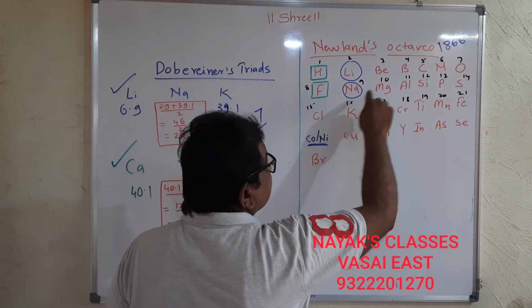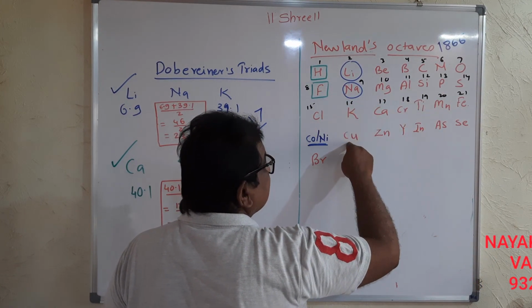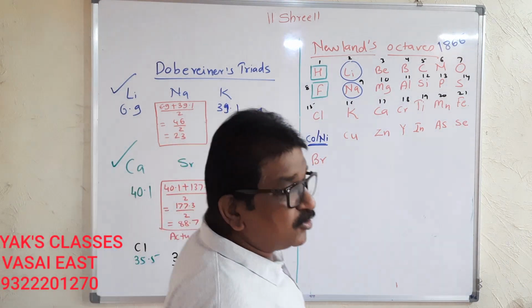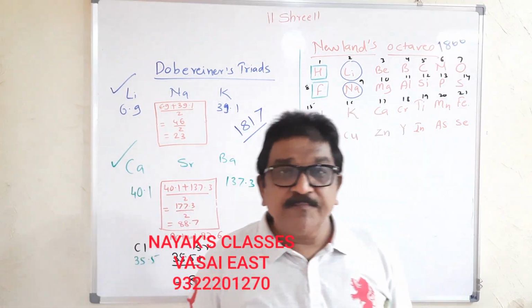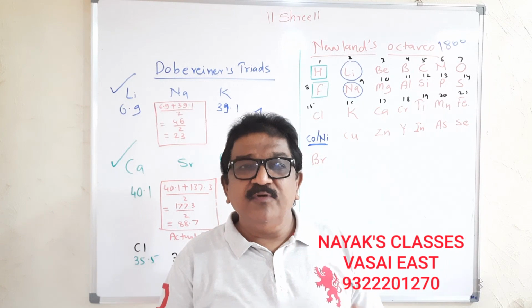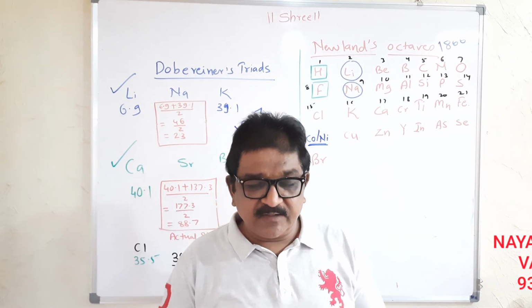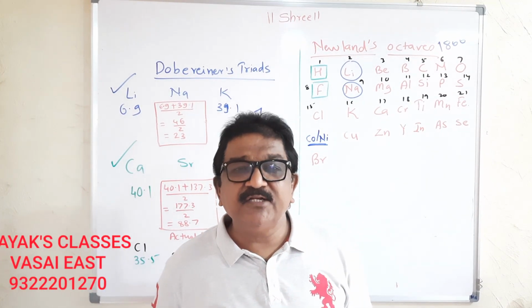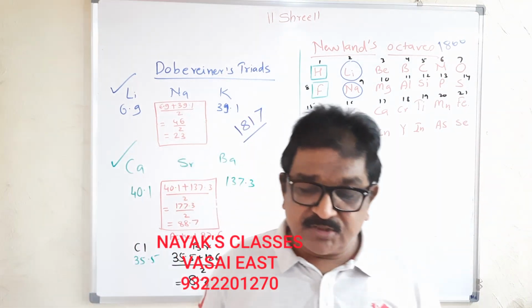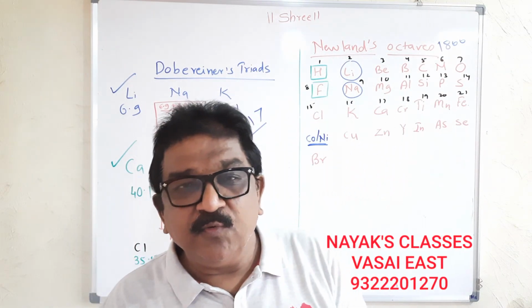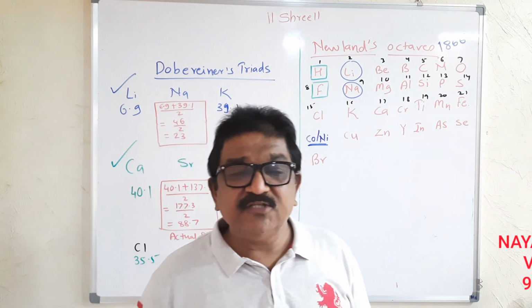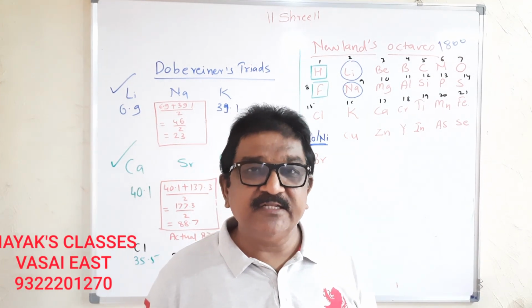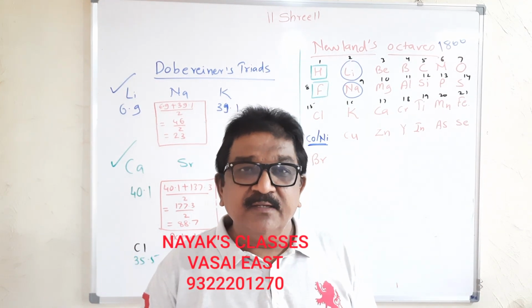From potassium, you go towards the eighth element, it is copper, cuprum. So, this was done by Newlands. Let us see his work. The question is, a short note on Newlands' octaves. Why are they called octaves? It is like music.